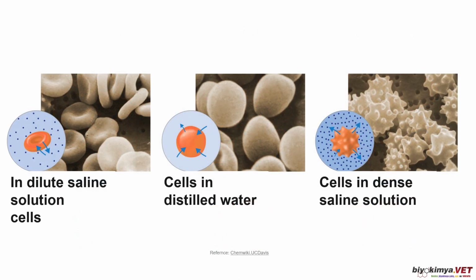And here you see a good figure showing the changes in erythrocytes, in red blood cells, when put in different saline solutions. In a dilute saline solution, which is isotonic, 0.9% sodium chloride, there's no change, and the erythrocytes preserve their donut-like shapes.